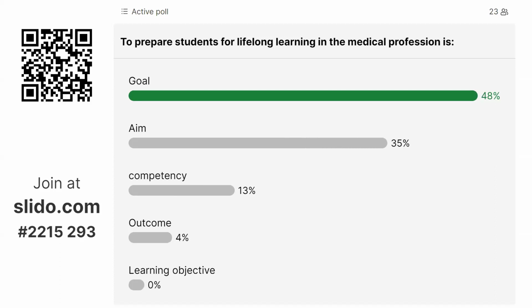The other 50% are either not interested or what? Okay, 28. Most of them are pointing to a goal. 38% aim, 10% competency, 3% outcome, and 0 learning objective.